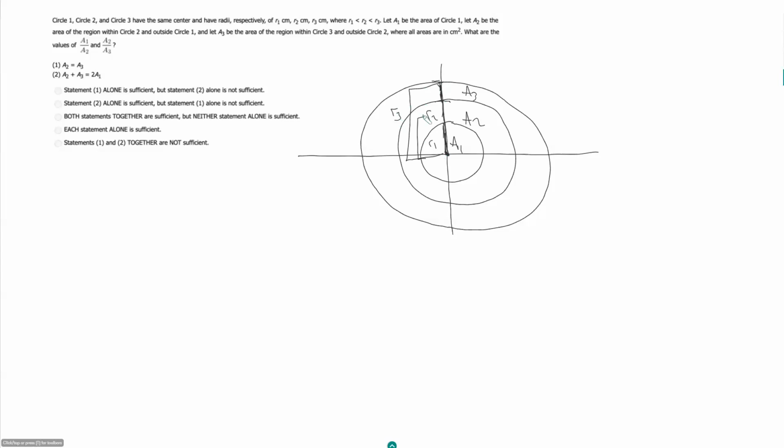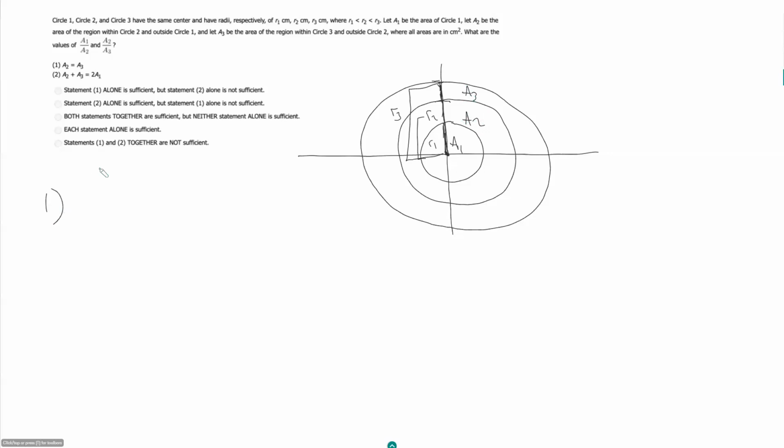So certainly the area of circle 3 is going to be bigger than circle 1, but we don't necessarily know that about just this outer ring. So what are the values of A1 over A2? So this guy over this guy, and A2 over A3. And so then the middle ring to the outer ring.